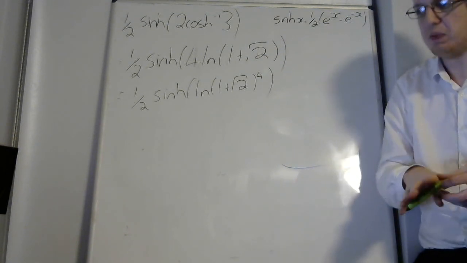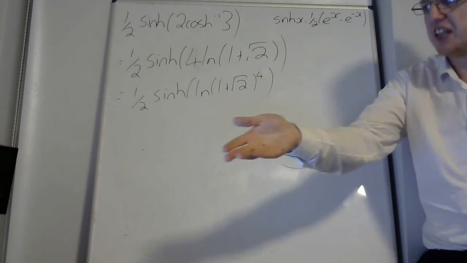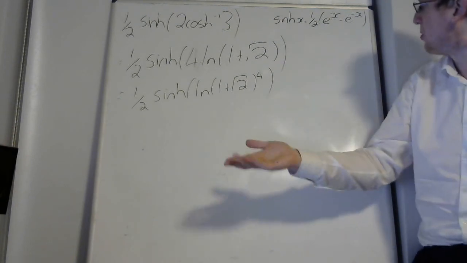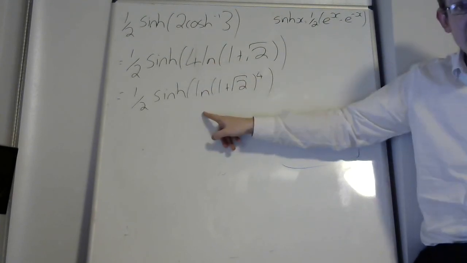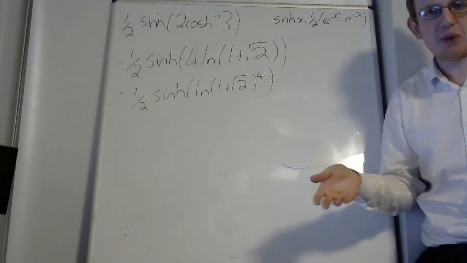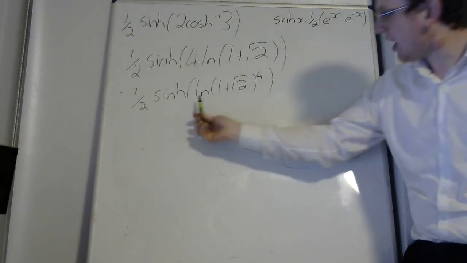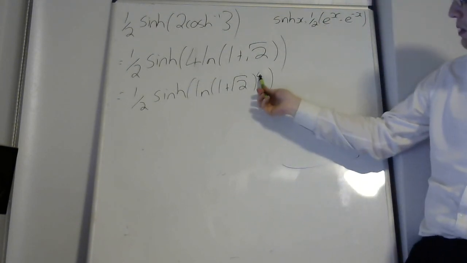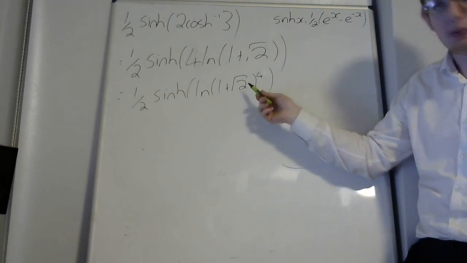Ln is the natural logarithm, and ln is cancelled out by e's. So e to the x in sinh x, if x is ln of 1 plus root 2 to the power 4, e to this just gives us 1 plus root 2 to the power 4.